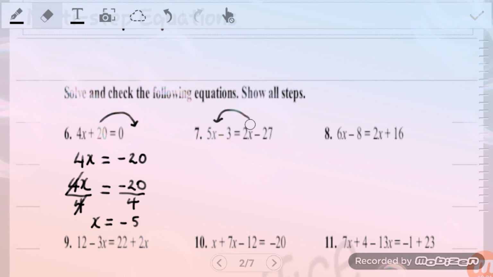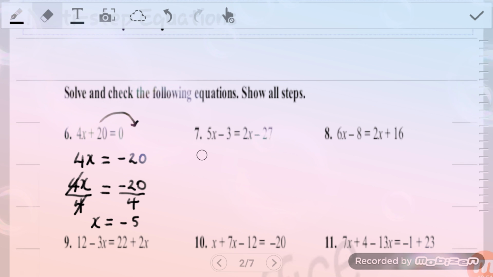Now, we're not going to be using the transposition technique. We're going to be using the balancing both sides technique. Since this is a positive 2x and our aim is to remove the 2x from the right side of the equation, what we could do is subtract 2x from both sides.